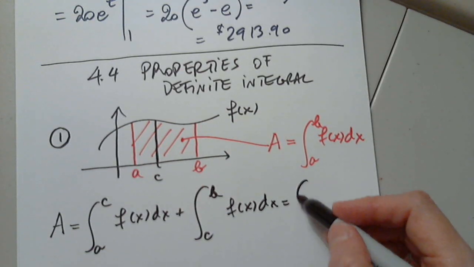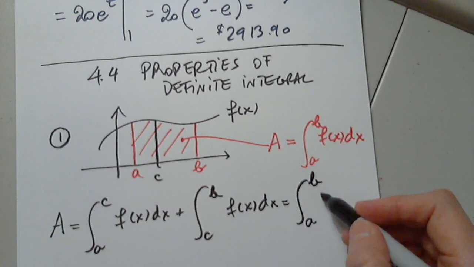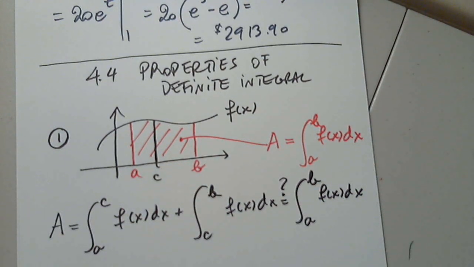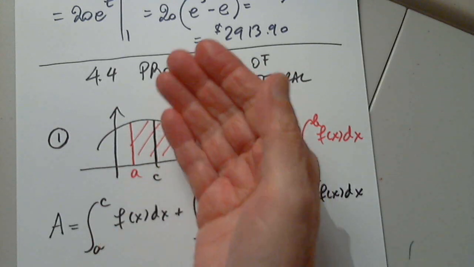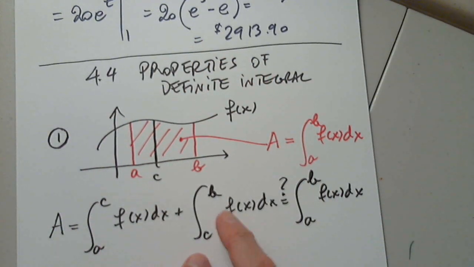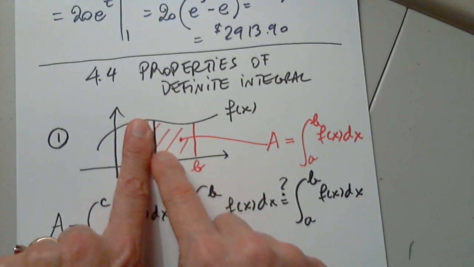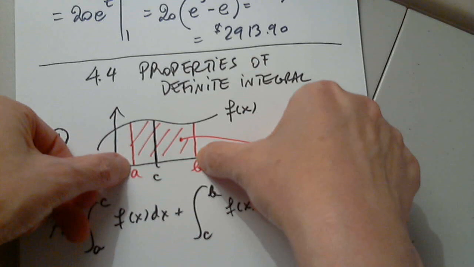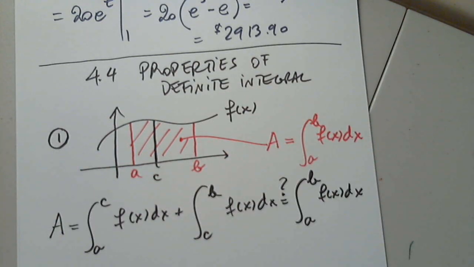Will this be the same as the area from a to b from f of x dx? What do you think? The area from a to c is this area. The area from c to b is this area. Is this the same as the area from a to b? What do you think?